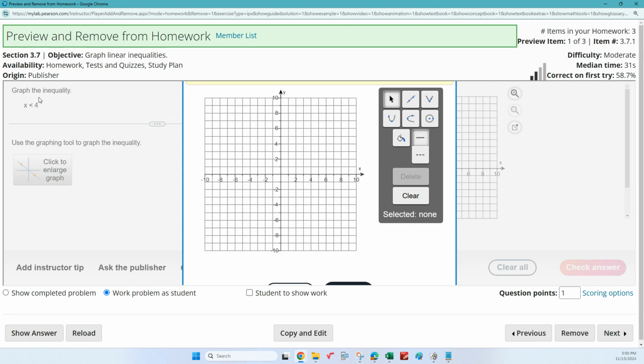In general, you have a boundary line, and then what else do you have to include in your graph? Shade. You have to shade a half plane. You have a boundary line and a shaded half plane. That's what the solution looks like. So it's always what we're going to create.